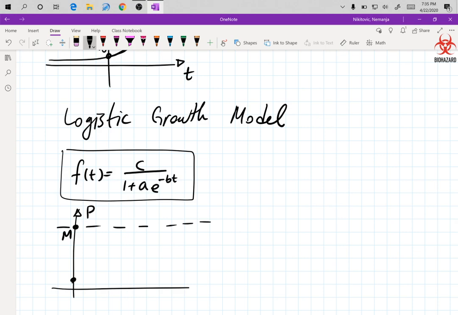And you are going to have some initial population p0. It's going to shoot up exponentially, and then it's going to level off, and it's going to flatten, and it's going to follow the asymptote, because it has to obey the asymptote, not cross it, going to infinity. And as time goes on, you never get to go over it.